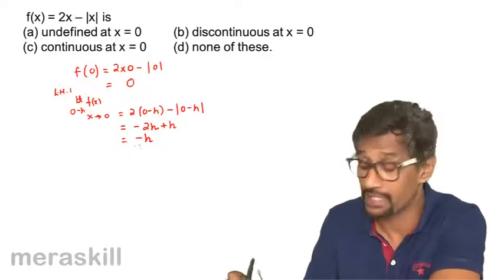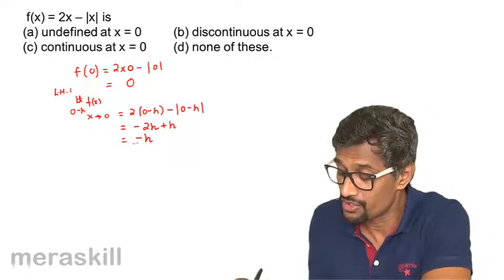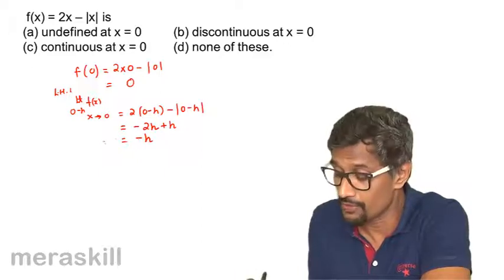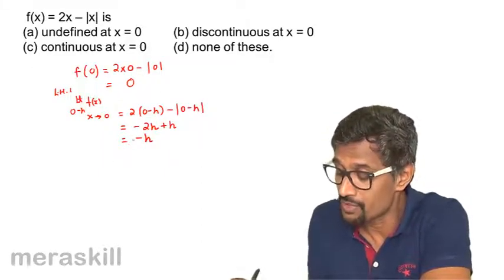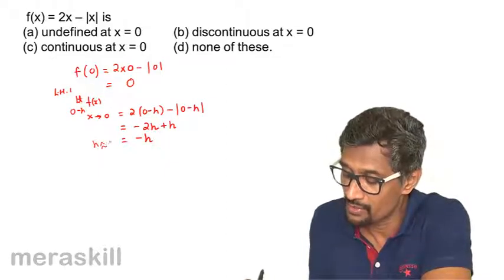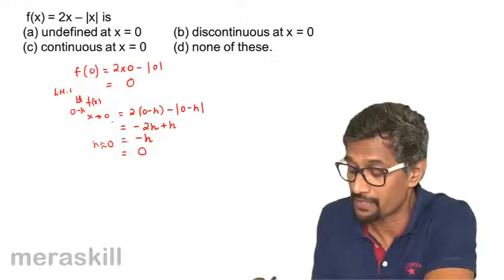And I told you we need to check whether this function is going to be continuous. For that we have to keep h as small as possible. So you keep h's value 0, and hence it turns out to be 0. So you find that f of 0 and the left-hand limit are equal.